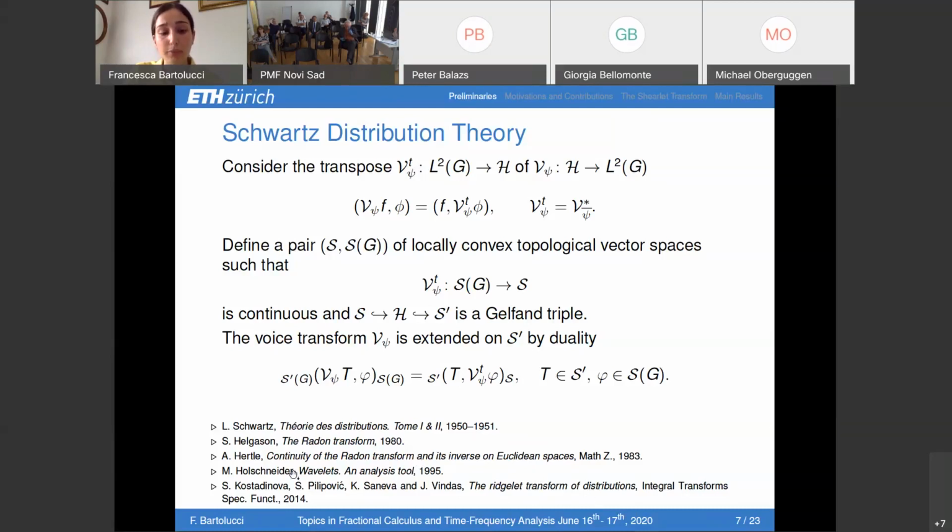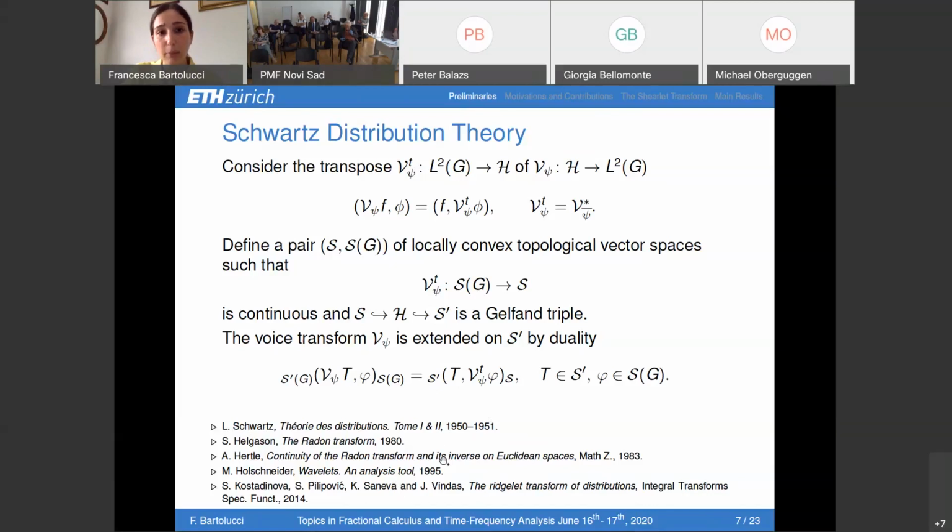I also want to refer to the extension of the wavelet transform to distributions given by Holschneider in his book about wavelets. These two works, the work by Holschneider and the work by Konstantinova and collaborators, are the works that most inspired us for our paper.